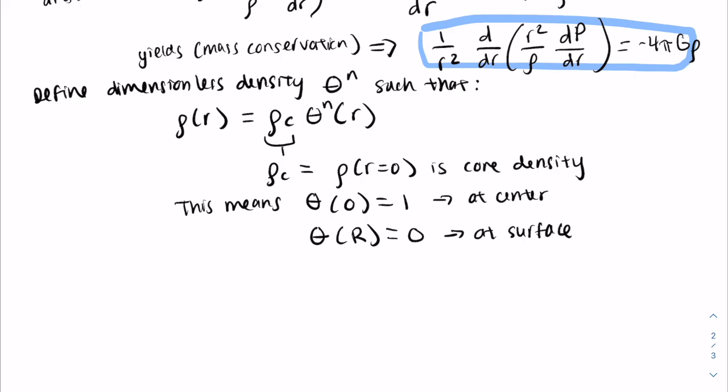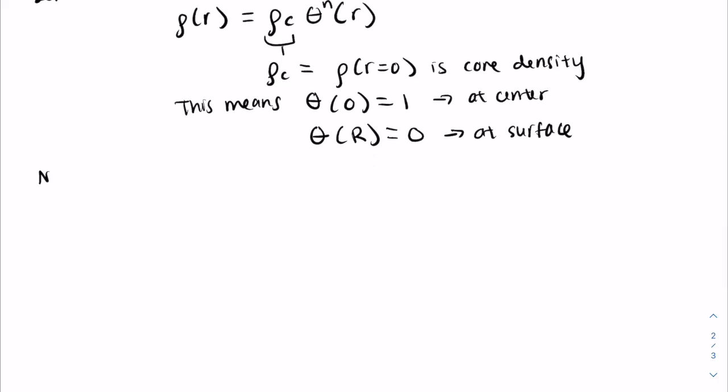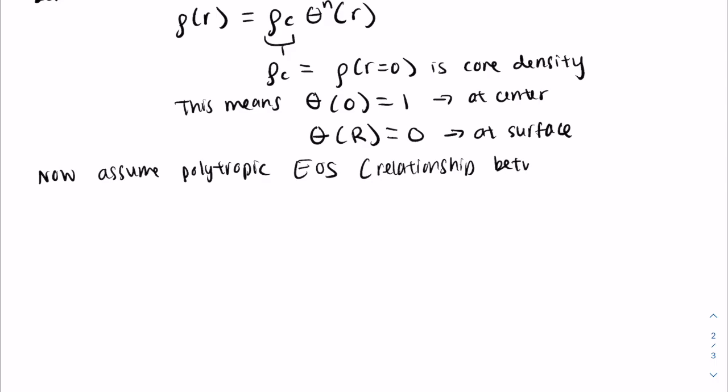Okay, so now we can go back to our polytrope equation that we said was going to describe the equation of state of our object. And if we assume that that holds, so assume the polytropic equation of state, and the equation of state here is just going to be the relationship between the pressure and the density.